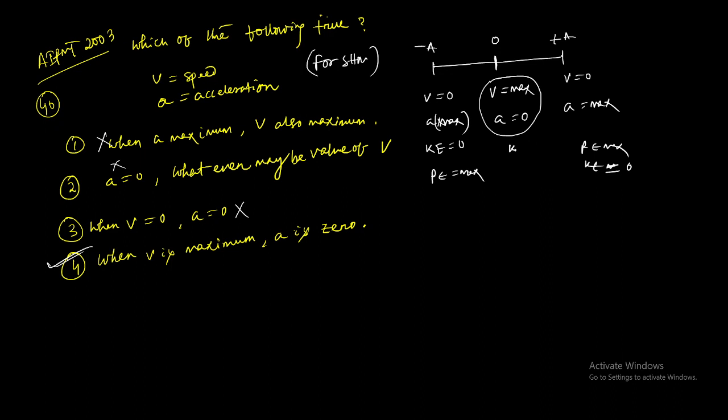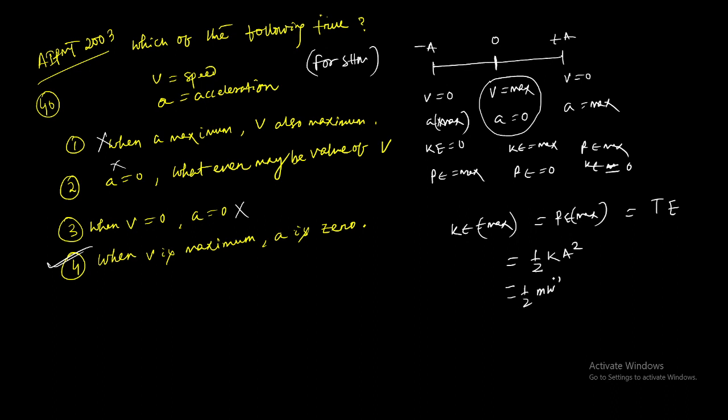And here kinetic energy is maximum and potential energy is 0. So the kinetic energy maximum value is the same as the potential energy maximum value, and that is equal to the total energy, which is half k a square, or this can be written as half m omega square a square. So this thing you can remember.